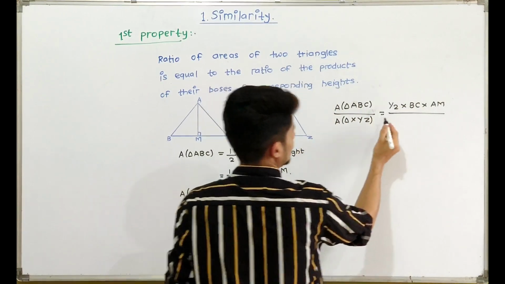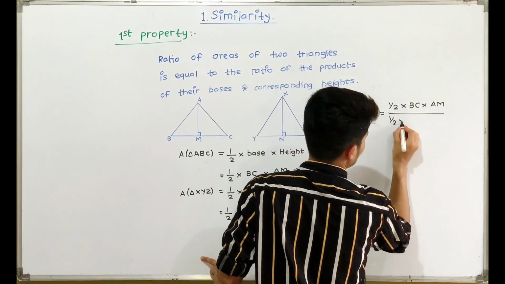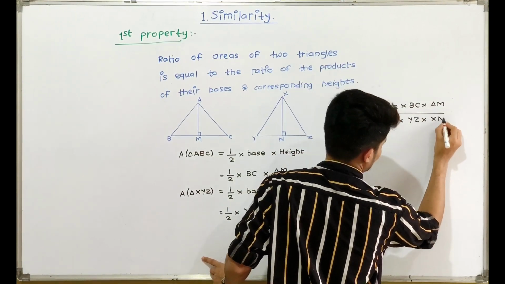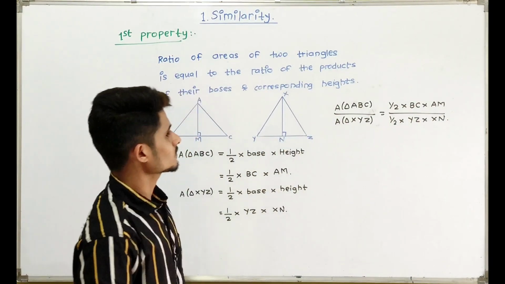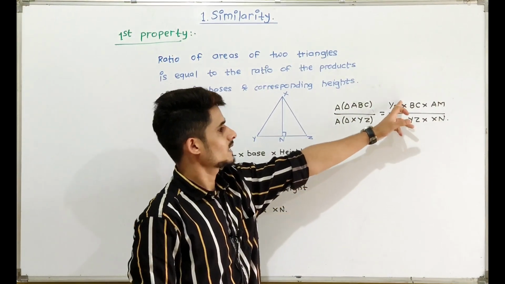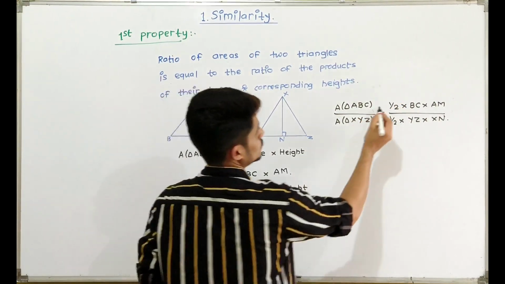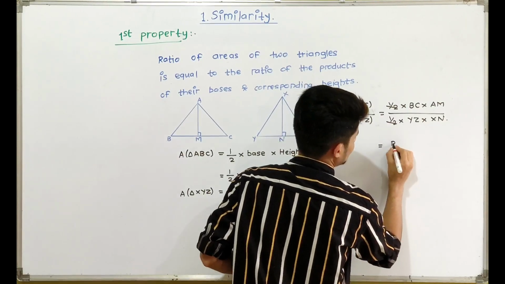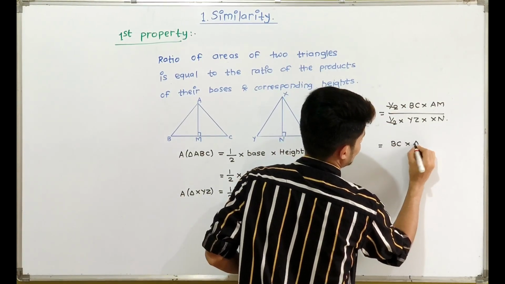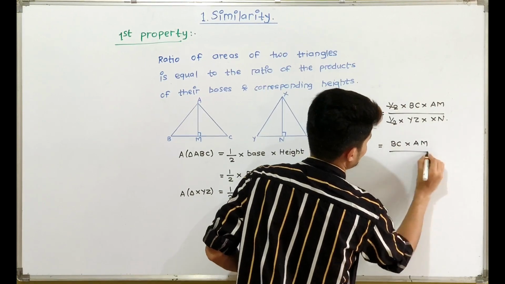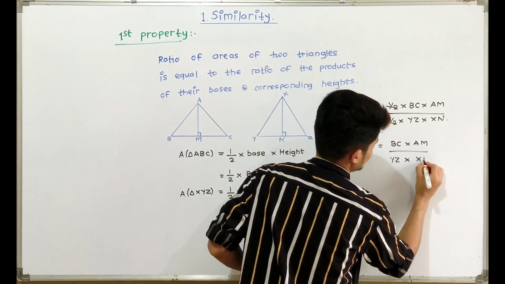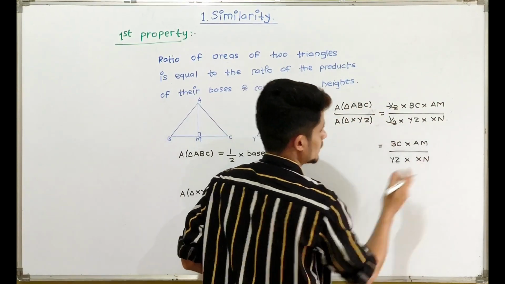Similarly for XYZ, half into base is YZ and height is XN. As you can see, half is common, so half will be eliminated and remaining is BC into AM, that is base into height. Similarly YZ into XN, that is base into height.